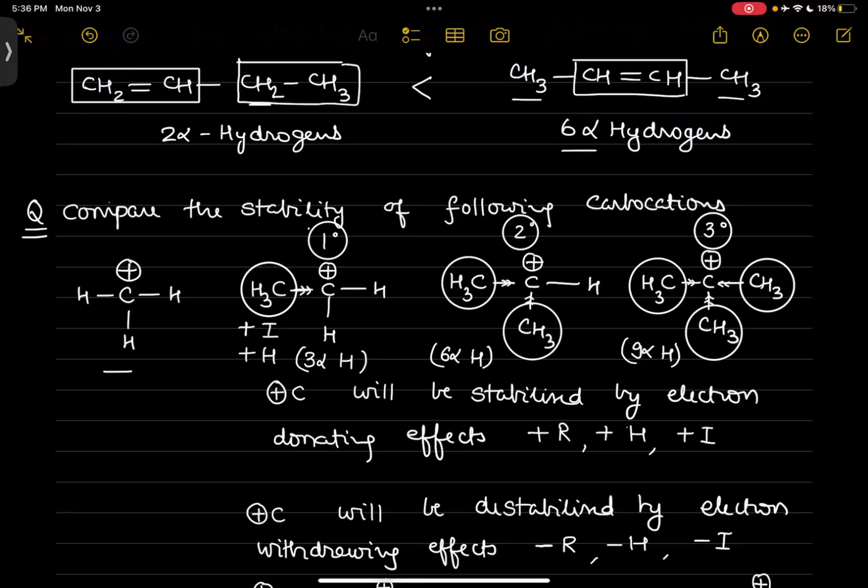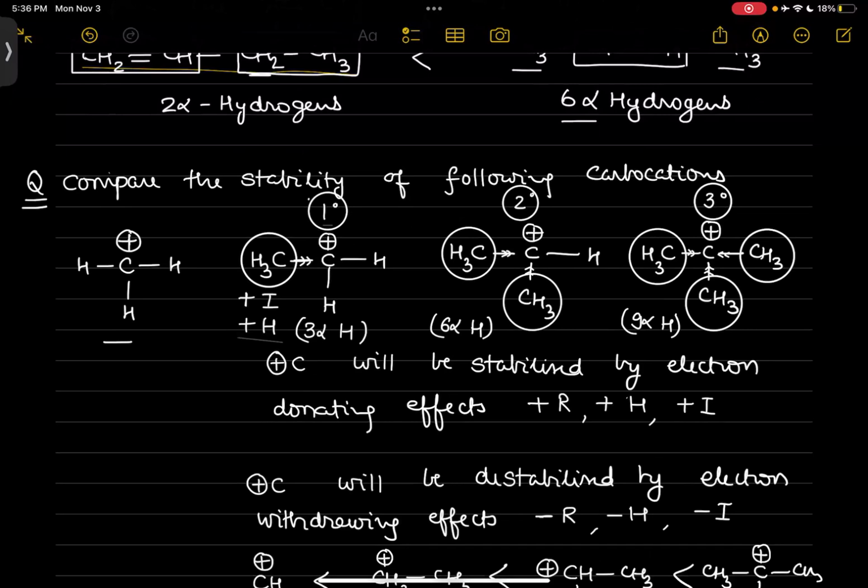So you have methyl groups, CH3, 1 CH3, 2 CH3, 3 CH3. This whole group, ethyl group or isopropyl or tertiary butyl group, can be considered as small methyl groups attached to the carbocation, and I have circled them.